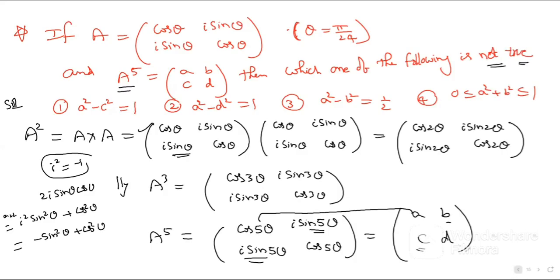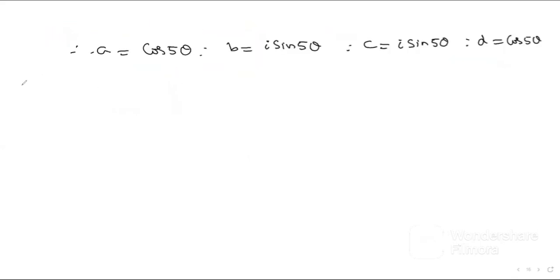So what options are given? First option: a square minus c square. Let us take the first option. A square is cos square 5 theta, and c square is i square sin square 5 theta, but i square is minus 1.